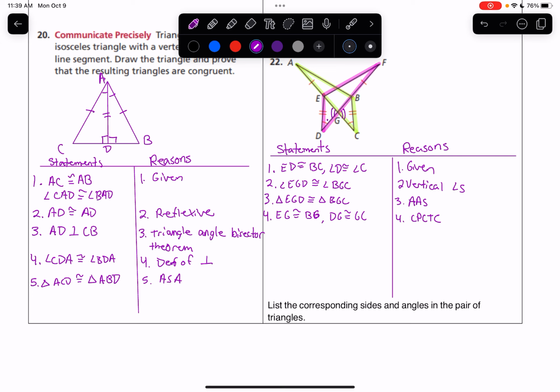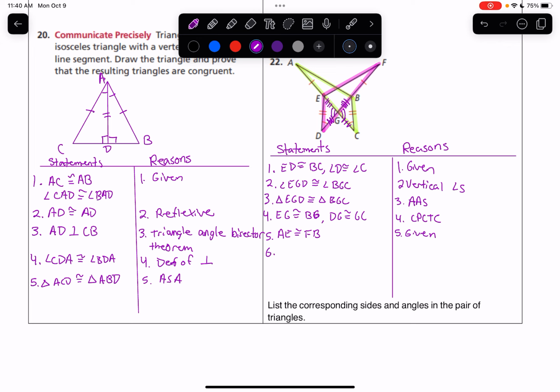So I can put, this diagram's going to get messy, but there's 3 hash marks here, 4 hash marks here. And knowing that, I now know, number 5, that another piece was congruent. I know that AE was congruent to FB. That was given. That was there when I started this problem.